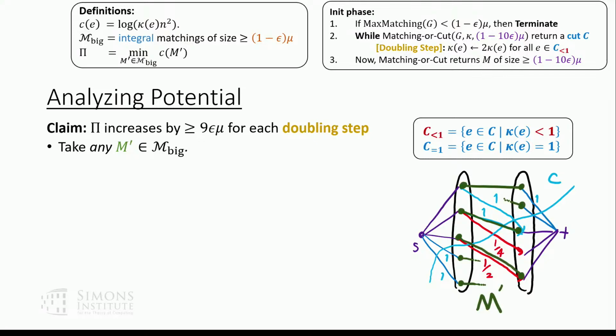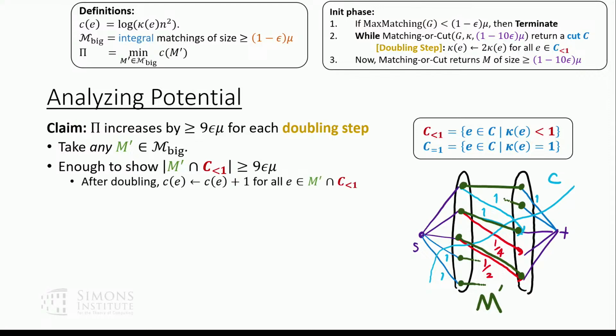So pick any arbitrary matching. It's enough to show that this matching intersects a lot with these red edges, because when you double them, their cost increases by 1, right? Because cost is log of capacity. So if the matching uses a lot of those red edges, and you increase all of their costs, then the cost of the matching must increase.